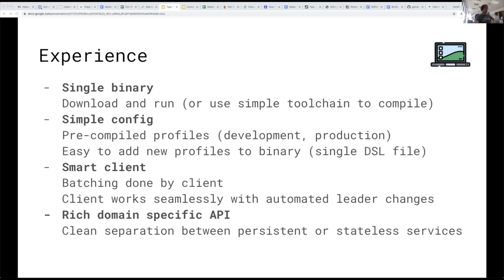Configuration, we want to be significantly simpler than a lot of what's out there. So we've got this idea of compiled profiles, where there's a single Zig file which defines profiles like development, production, and so on. And it would be very easy for somebody, if they wanted to, to define their own profiles and compile those in. And common profiles would ship with the binaries that we produce.